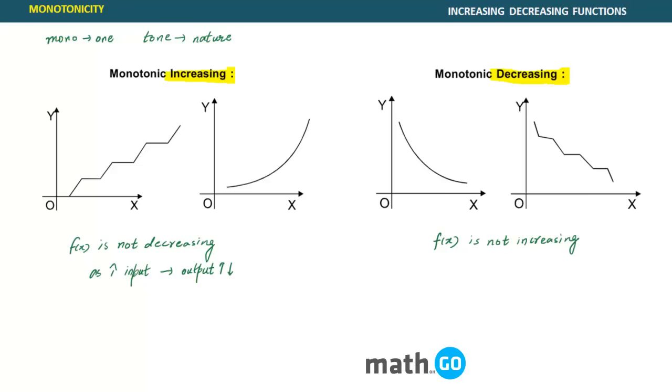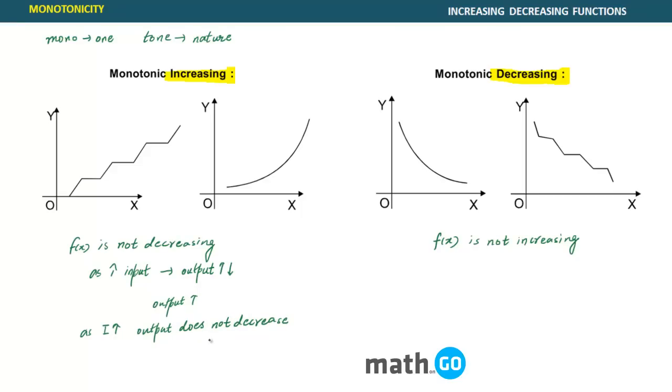If as the input increases your output increases, then it will be monotonically increasing. But this is not how we use the concept. What we say is that as input increases, output does not decrease.